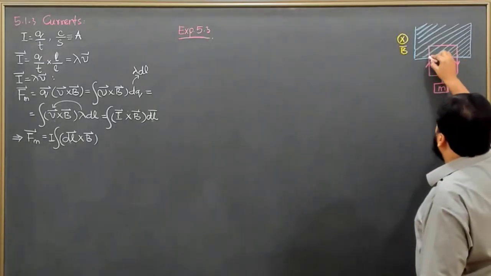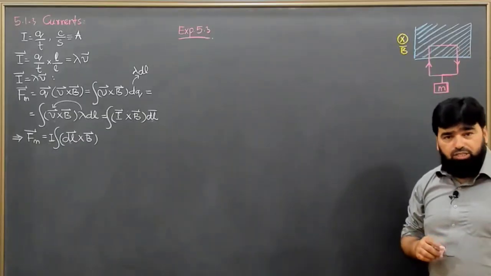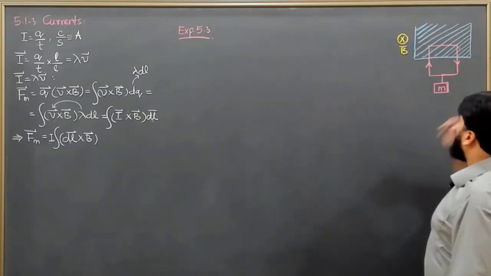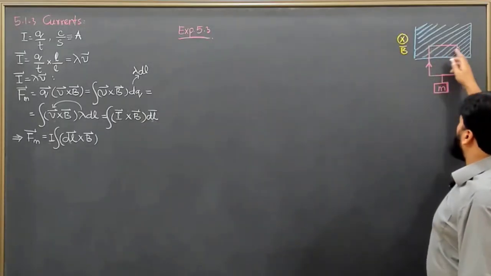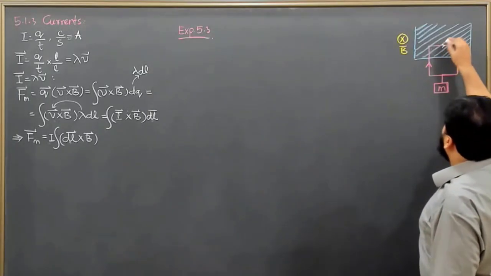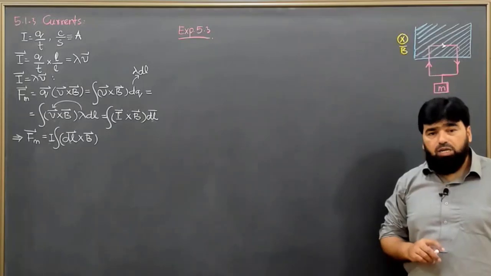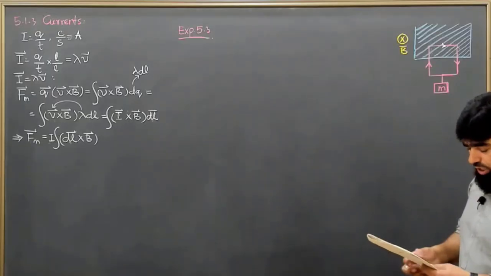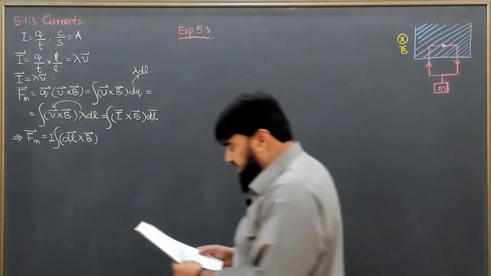Now the vertical segments basically cancel each other, because in one the V is going up, while in the other the charges are going down. So these segments of the current carrying loop cancel, and the only component which gives support to the hanging mass is the horizontal segment of the loop. And we are going to see this further here.